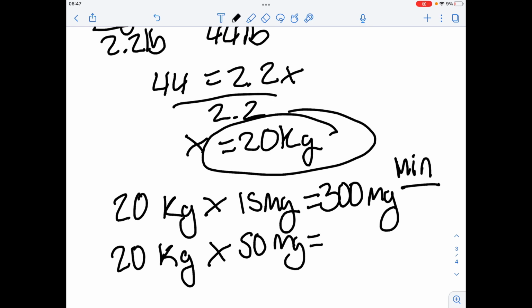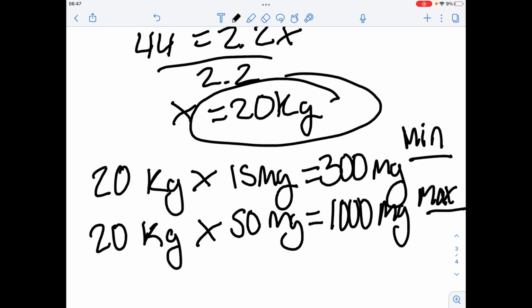And this equals 1,000 milligrams, which is our max dose. So we know that we're going to have a dose between 300 milligrams and 1,000 milligrams per day to be safe.